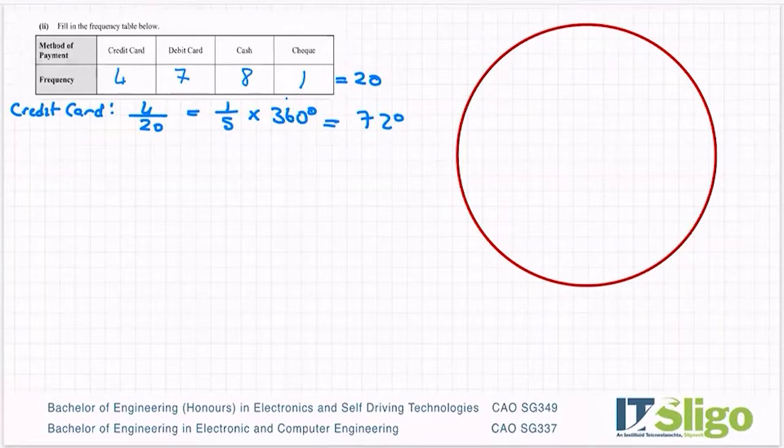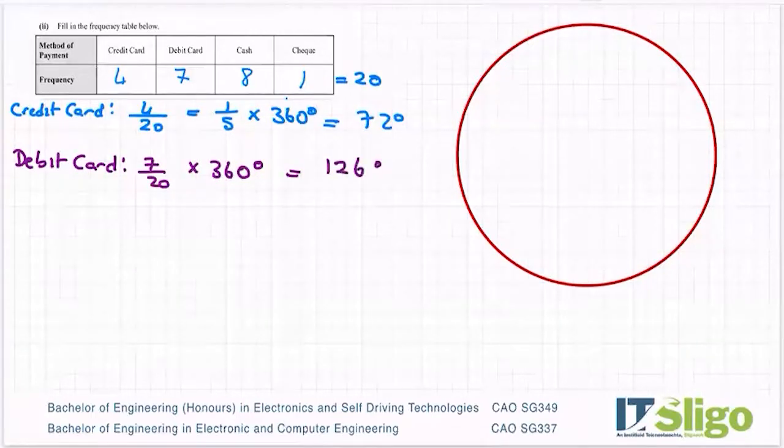So debit card then is 7 out of 20, and I get the same fraction of the pie as there was out of all the people who chose debit cards. So 7 over 20 multiplied by 360, so I'm getting 126 degrees for that one. Cash then, so I'm just working out all the angles first, and then I'll do the pie chart.